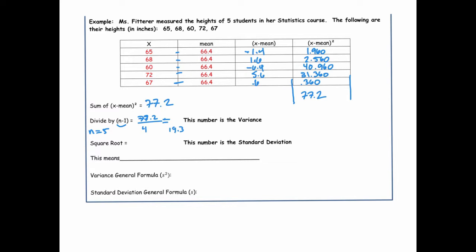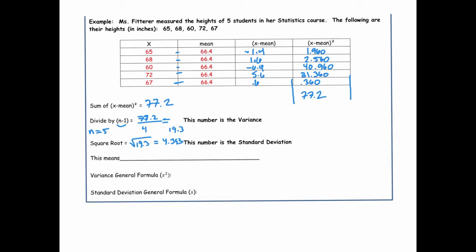You square it, now it's in inches squared, and when you average that, you get inches squared. So we need to take the square root to get inches back, and also undo the fact that we squared those deviations. The square root of 19.3 gives you about 4.393.